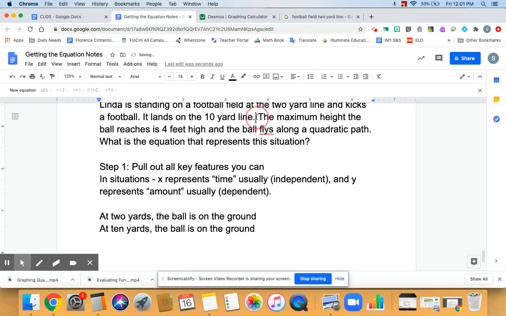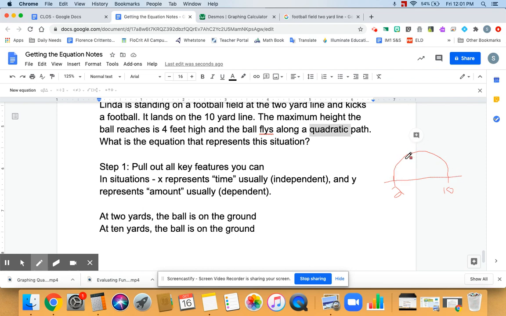The next piece of information says the maximum height the ball reaches is 4 feet high. And the ball flies along a quadratic path. That just means they're telling you it's a quadratic equation, meaning it's going to make the parabola shape. So if I'm standing on my 2-yard line, I kick the ball, and then it lands on the ground at the 10-yard line.